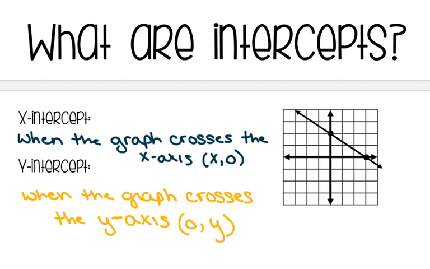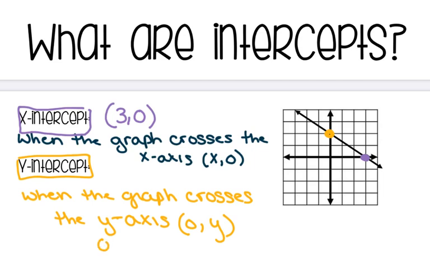So if I'm looking at this graph over here, the x-intercept would be right here. So that's at 3, 0. Meanwhile, the y-intercept would be here, which is at 0, 2. Okay, so that's what the intercepts are. So let's see how we can use them to graph.